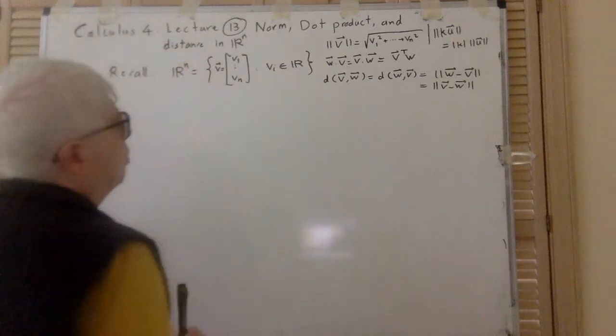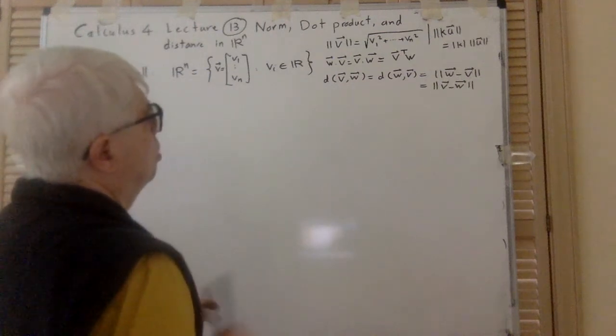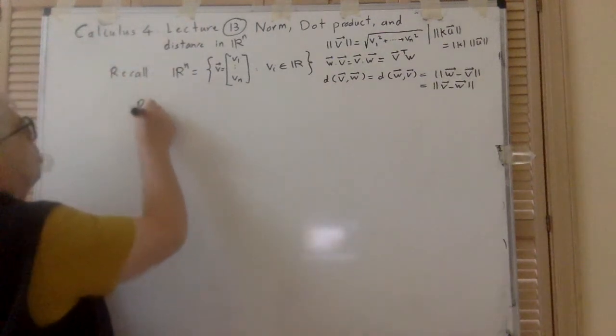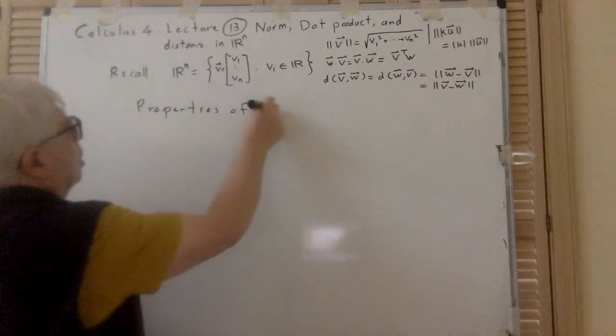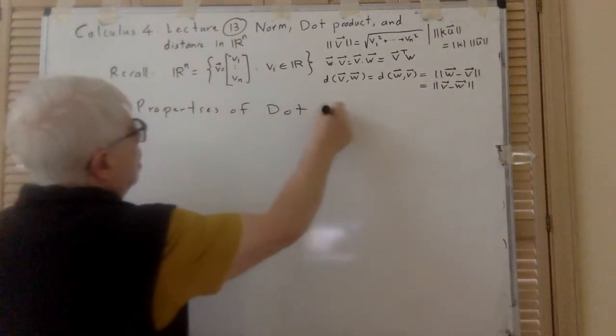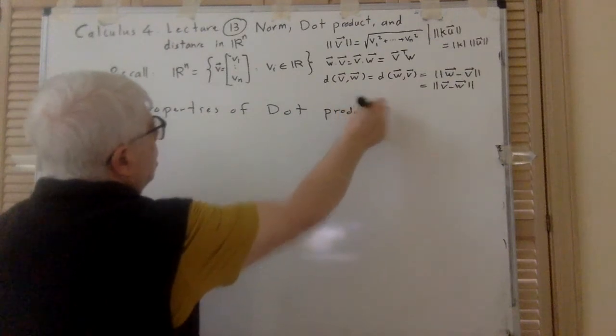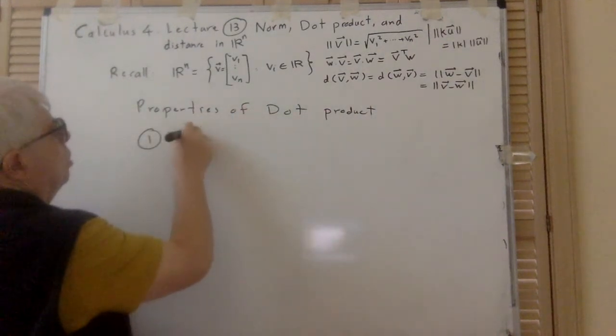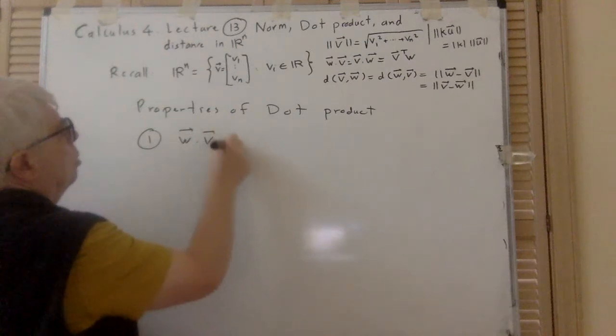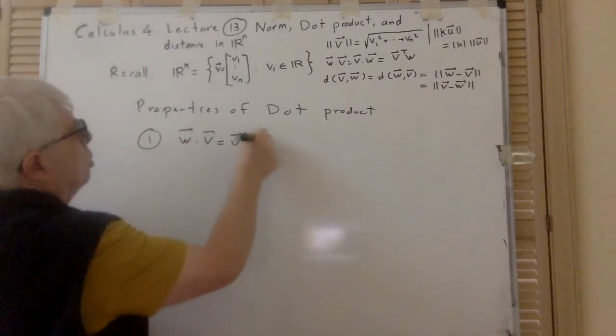Some properties of the dot product. First of all, you can see that W dot V equals V dot W. I wrote it over there.